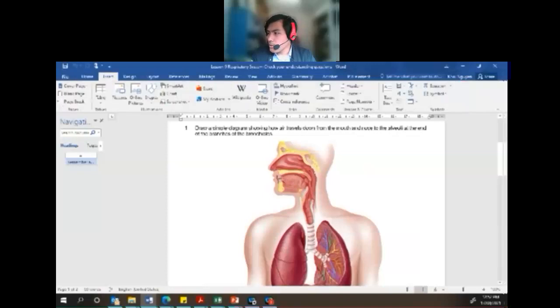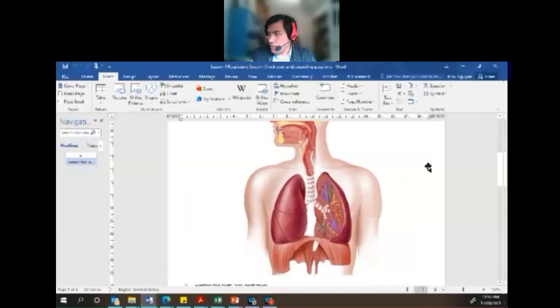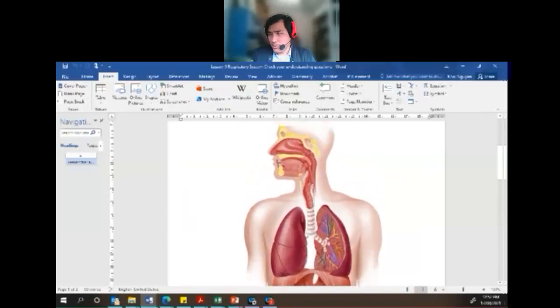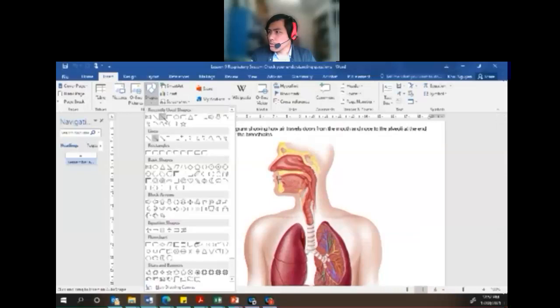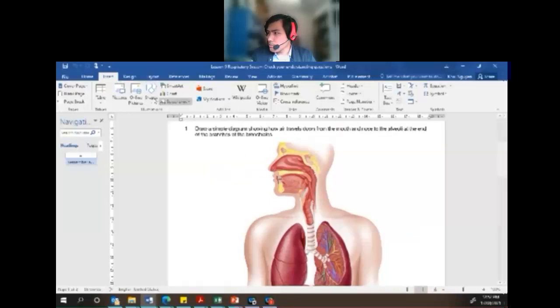What you can do is print this out and then draw using pencil or pens on a piece of paper and then take a picture. What you can also do, if you like working on Word, is go to insert shape and choose the arrows.